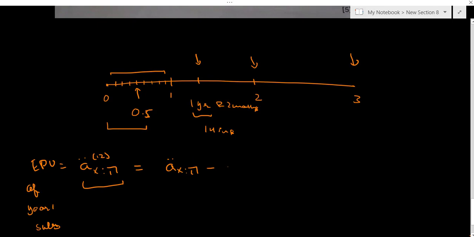Since we are converting the same thing, it's m minus 1 upon 2m, so this just becomes 11 upon 24, that is 12 minus 1 upon 24. Since the adjustment would be at the first payment as well as the last payment, I've got this factor into 1 minus v to the power of 1 into 1 p x.